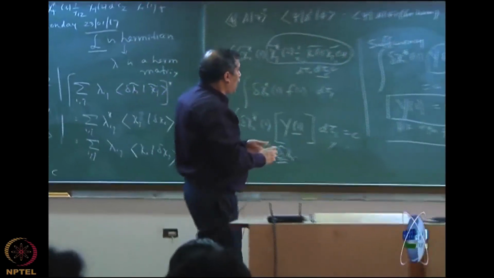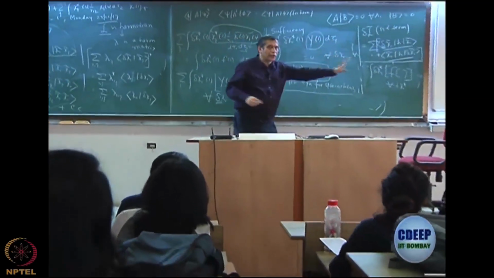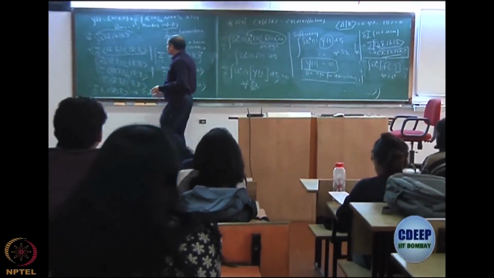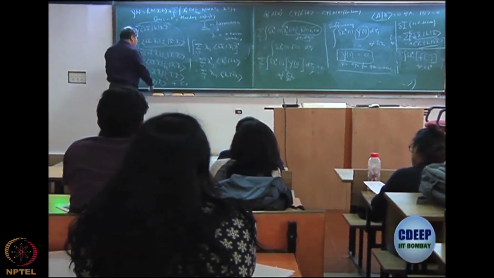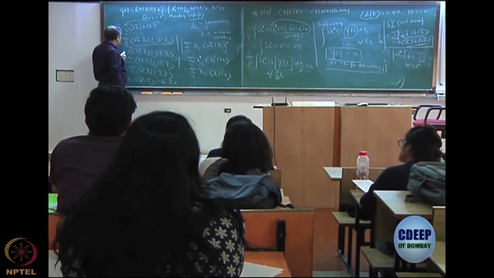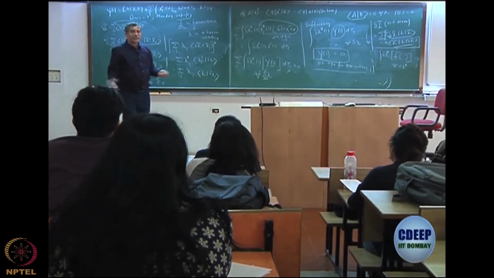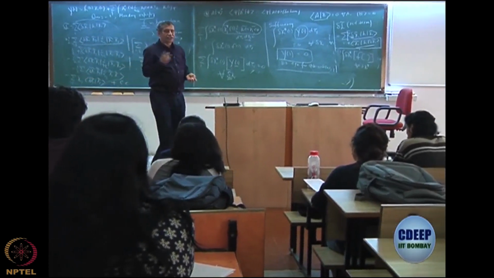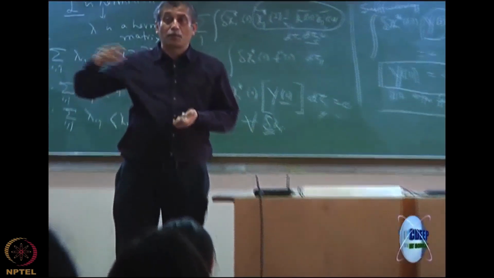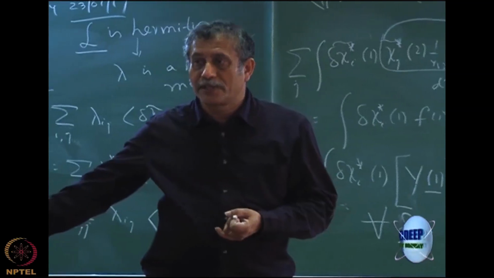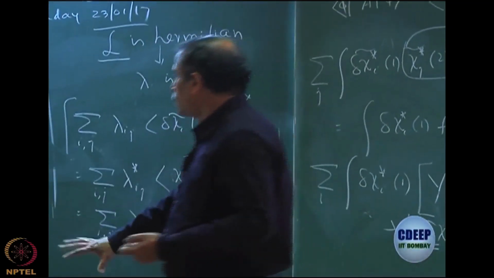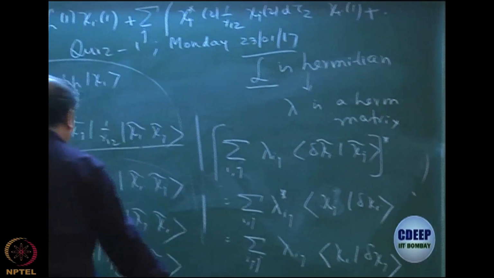For all i it is 0, and the complex conjugate we are not going to consider. So first, all the terms are going to be equal to 0, and then within this each term is 0. These are the two sufficiency conditions I am going to use, so that I don't have to bring in the concept of the complex conjugate. If this is 0, the conjugate automatically becomes 0.